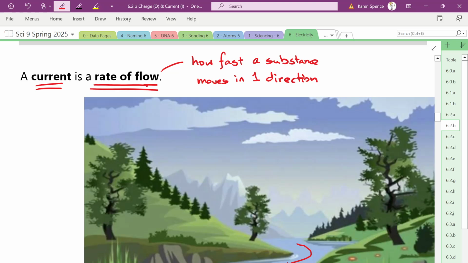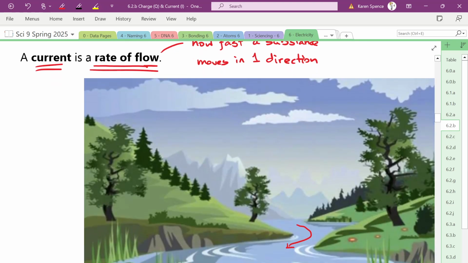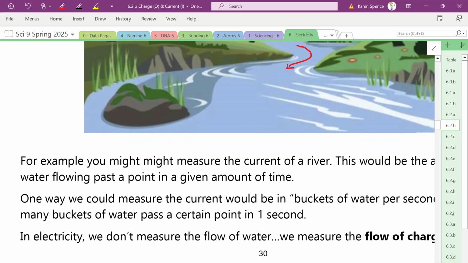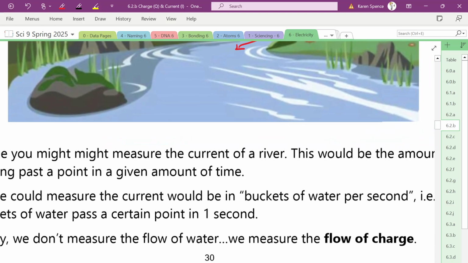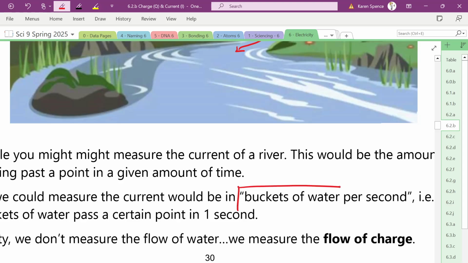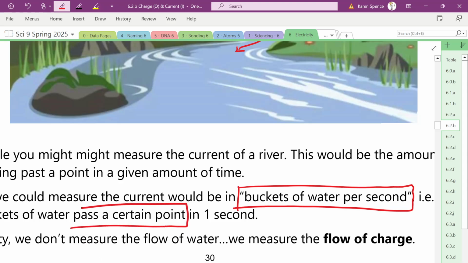And presumably, you could measure this in buckets that flow past a point per second. So we could measure the buckets of water per second that pass a certain point.